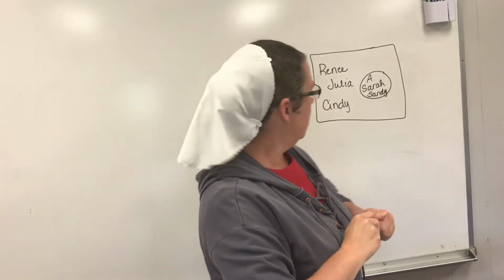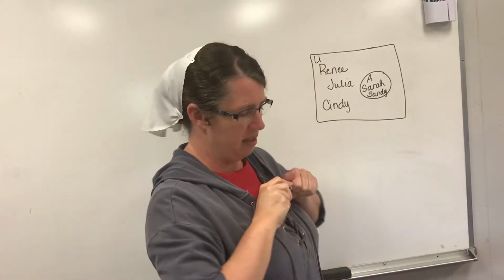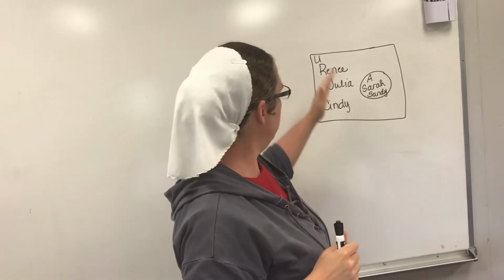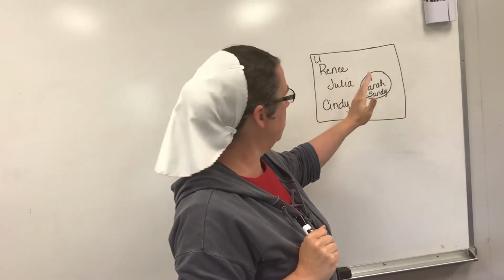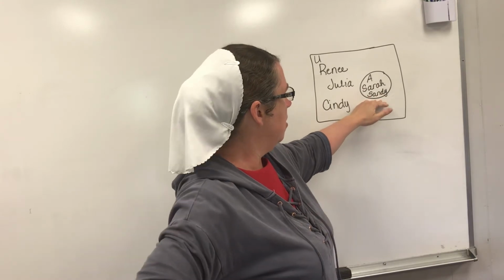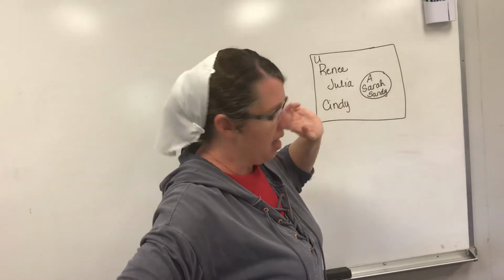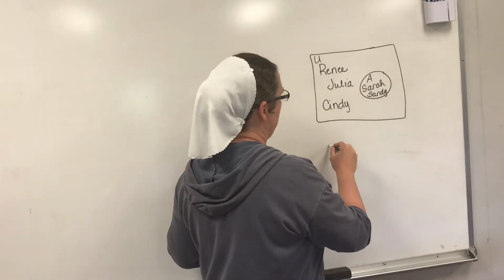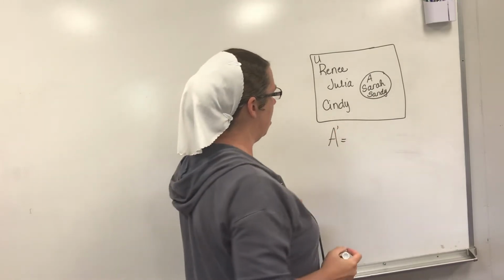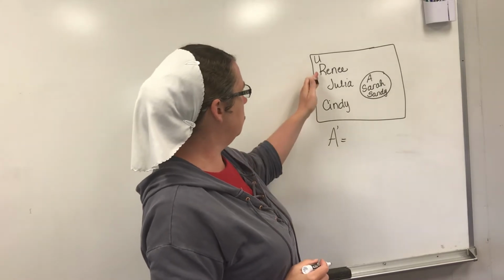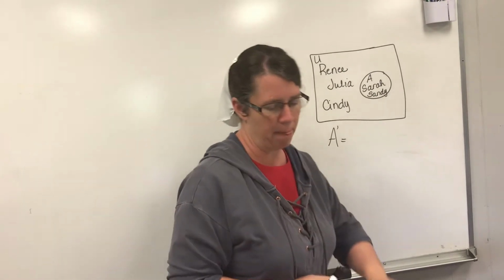Set U, the universal set, is all of Mary's friends in this box. Set A is the friends whose names begin with S: Sarah and Sandy. The complement, which you write with what looks like a little apostrophe, means the complement of set A is Renee, Julia, and Cindy. It's the ones that are not included in set A.